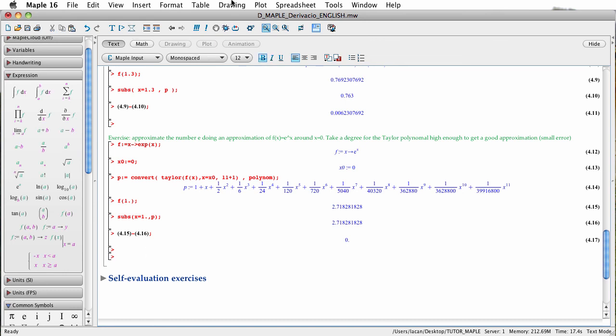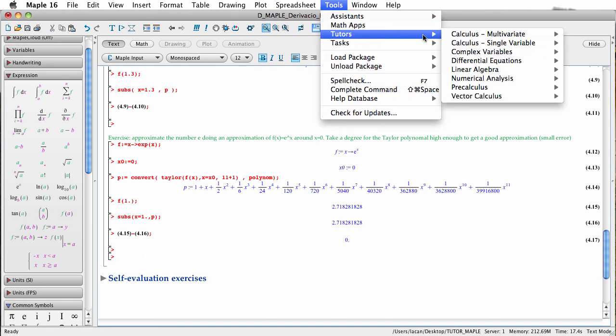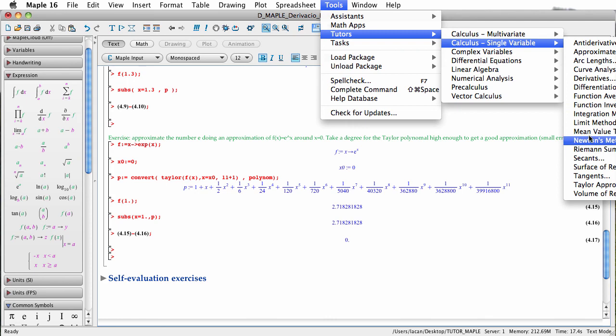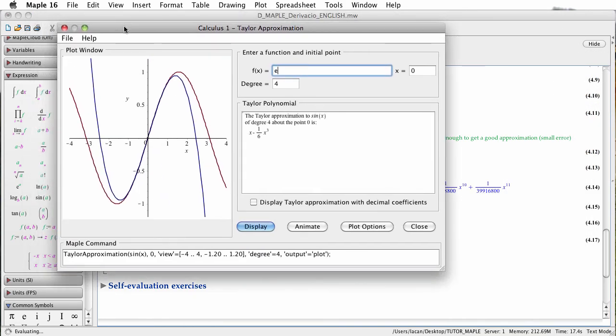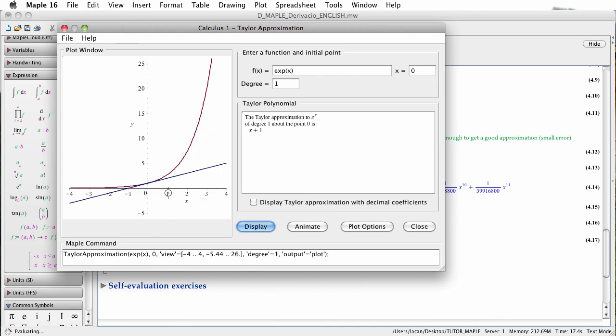If we use the Taylor tutorial and we introduce the exponential function around 0 and compute degree 1, what we are doing is trying to compute the function at point 1.